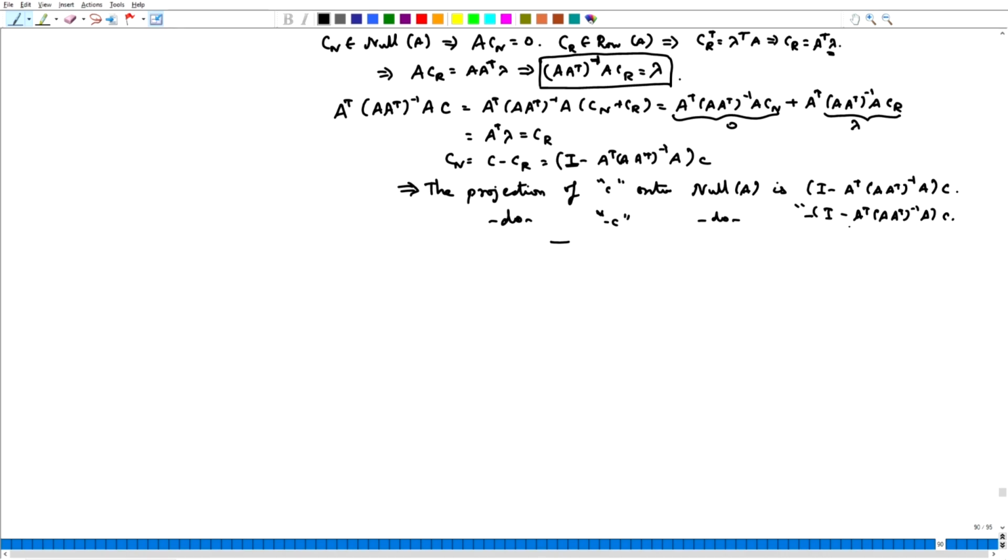So what you should do, very simple, choose the direction as the projection of minus C onto the null space of A, that is minus of I minus A transpose, A A transpose inverse A, into C. Fine, we will continue the algorithm in the next lecture. Thank you.